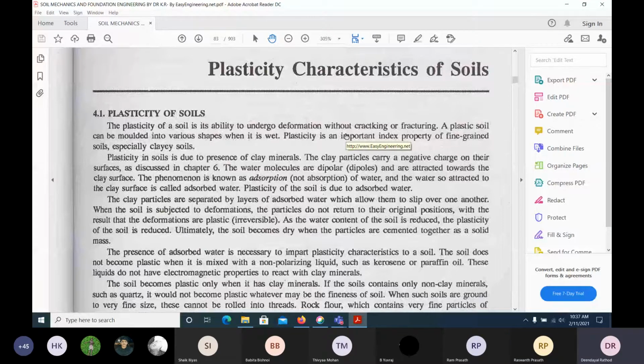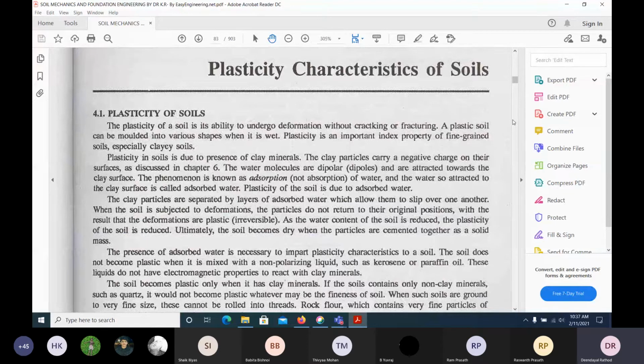You know that plasticity characteristic of a soil. Which soil will be having more plasticity? Clay soil. So why is it having so much plasticity? Because it absorbs water. The absorbed water we have seen that.